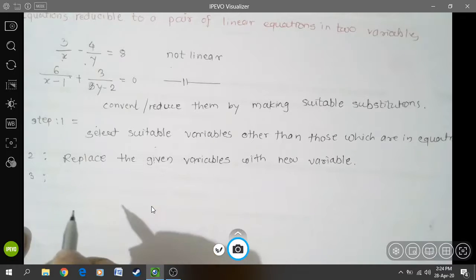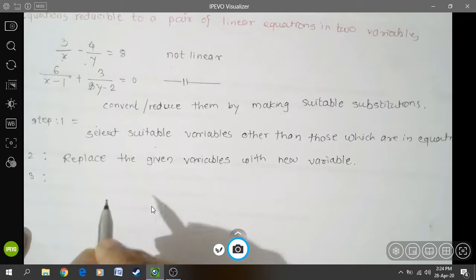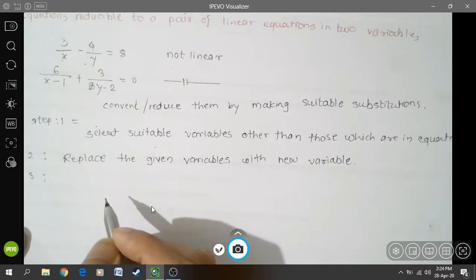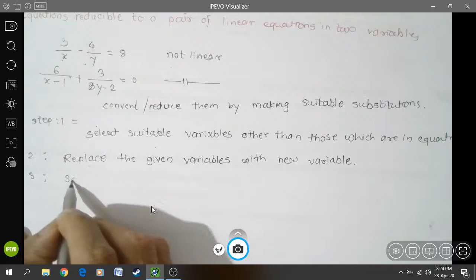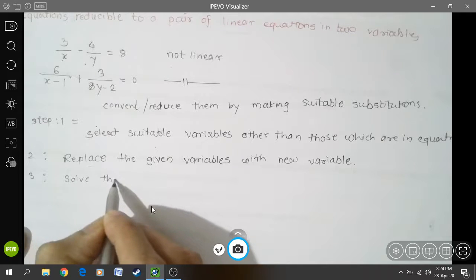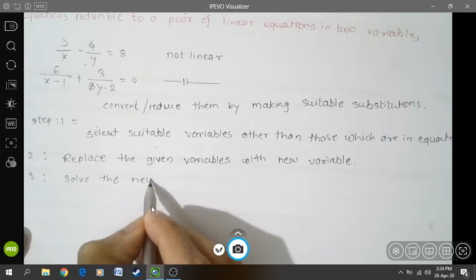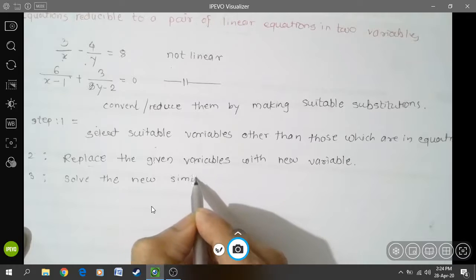After replacing the given variables with our new variables, solve the new simultaneous equations and find the values of the new variables.